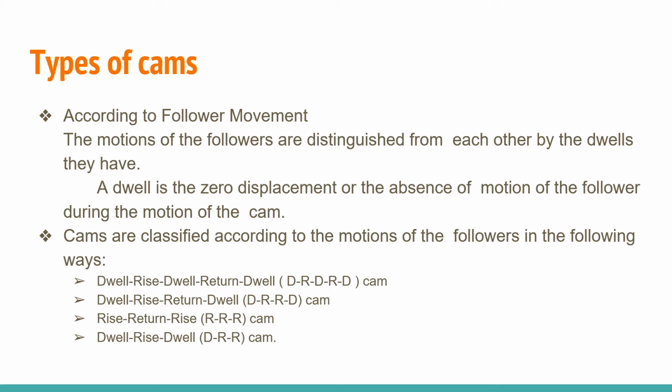Cams are classified according to the motion of the followers as DRD cam, that is dwell, rise, dwell, return and dwell. The next is dwell, rise, return, dwell, the DRRD cam, and rise, return, rise, the triple R cam.